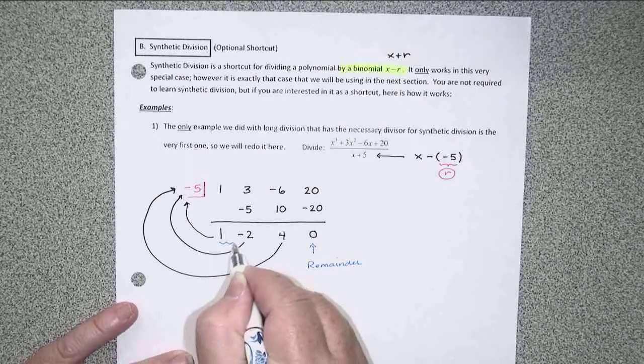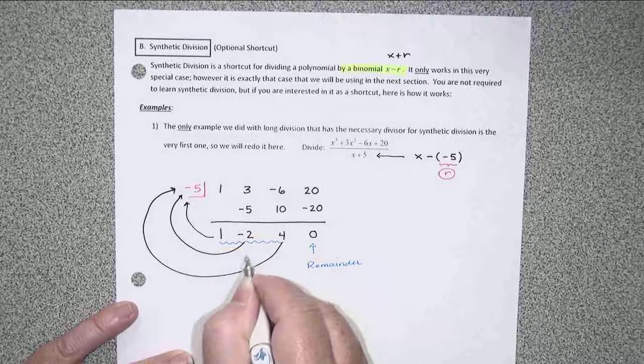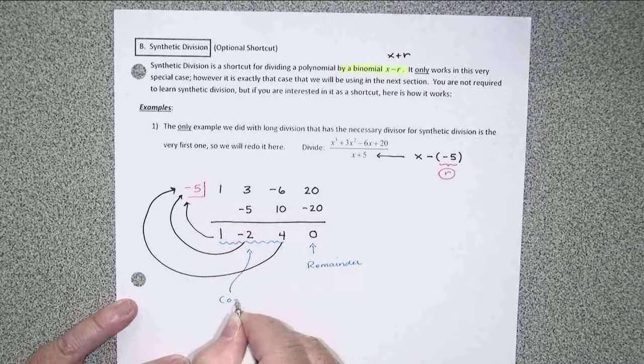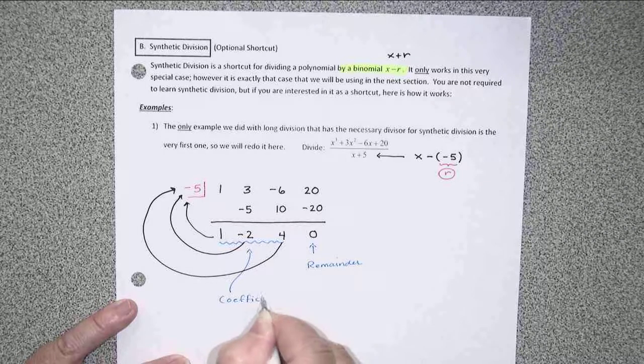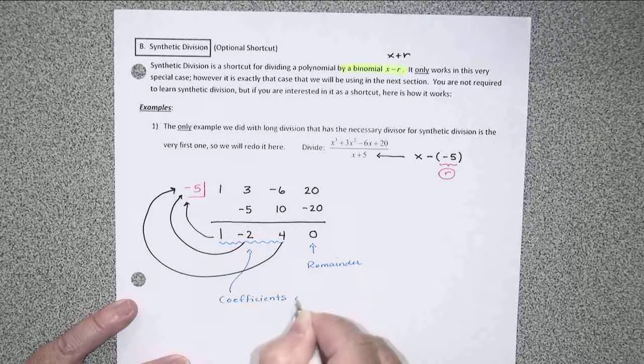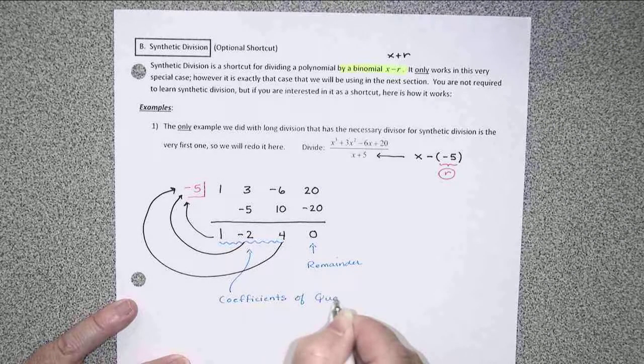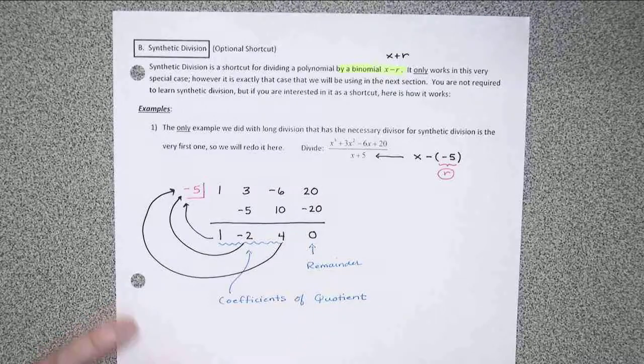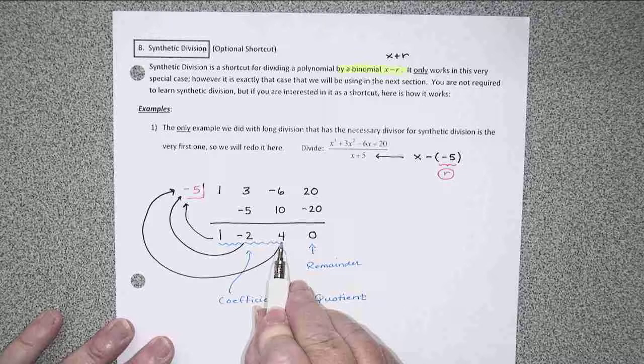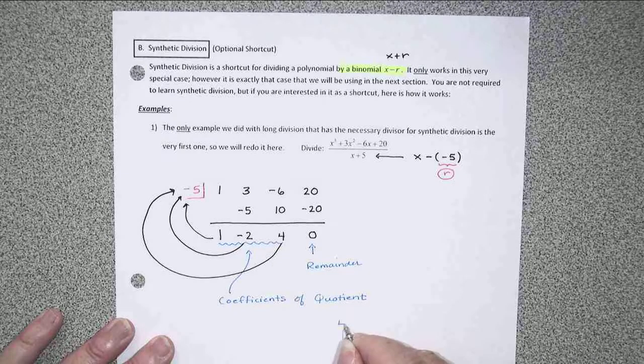And then these numbers are the coefficients of the quotient. I like to work backwards. 4 is going to be my constant term. The next one would be negative 2x to the first.